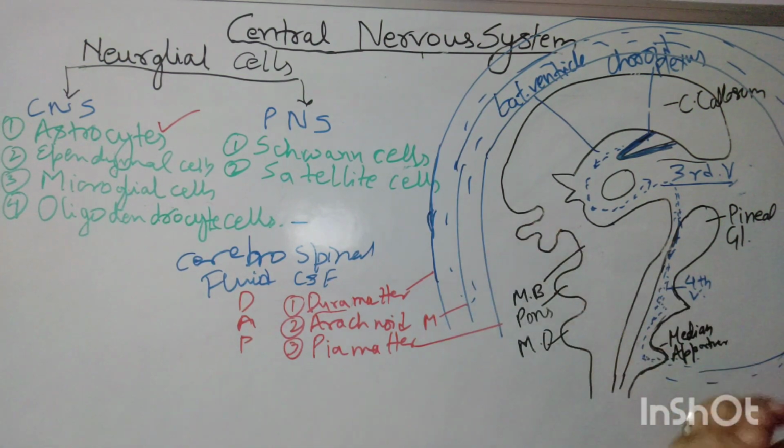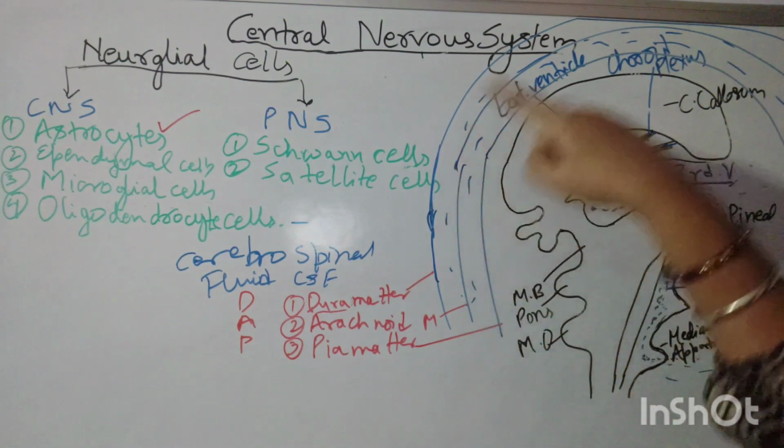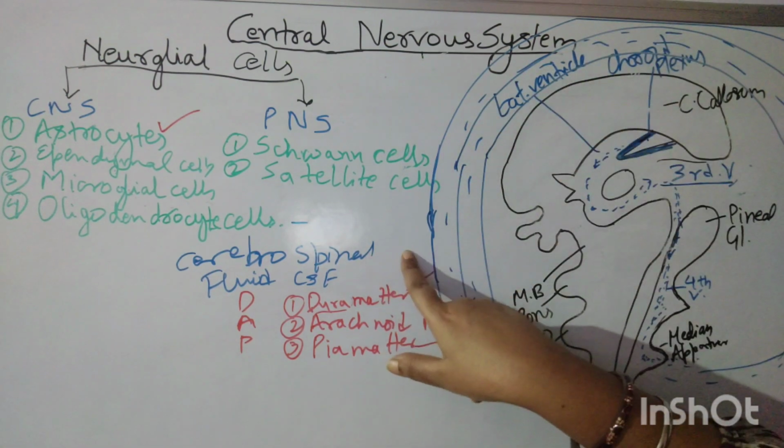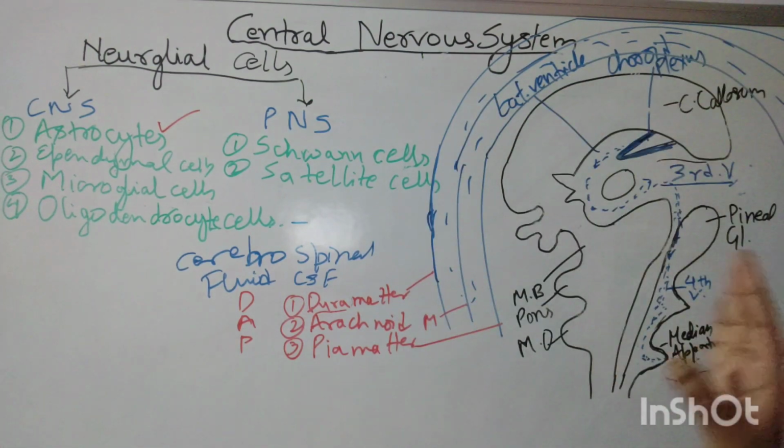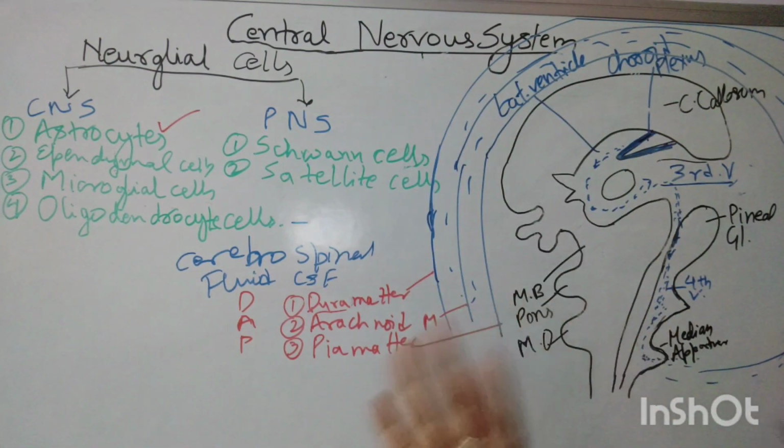So whenever there is a hit to the brain, suppose a person gets hit on his head, but he does not get a hemorrhage immediately. Why? Because this cushion, this cerebrospinal fluid, will act as a cushion and distribute the force or the jerk to the whole body.